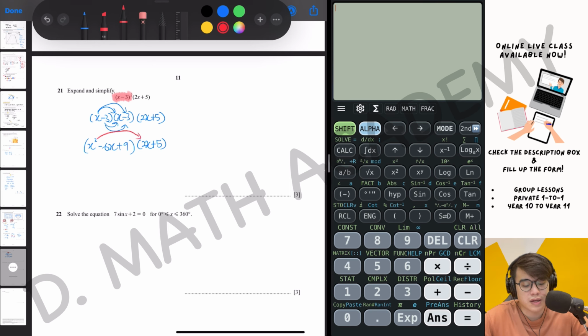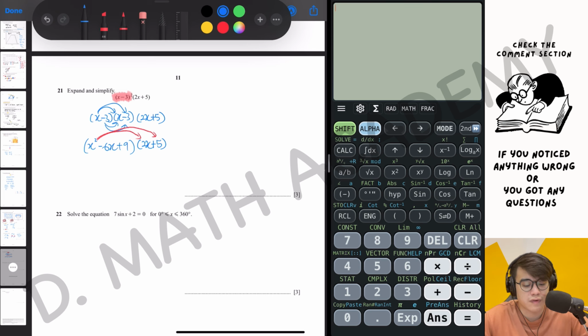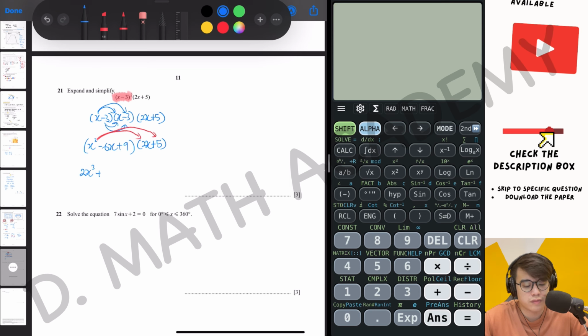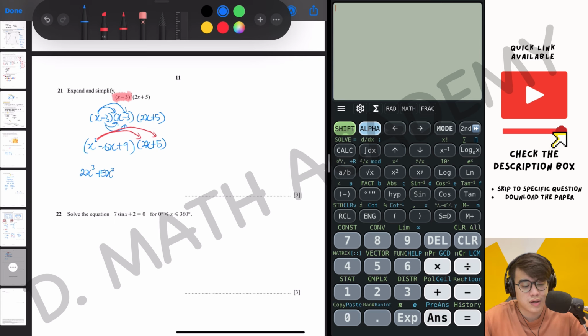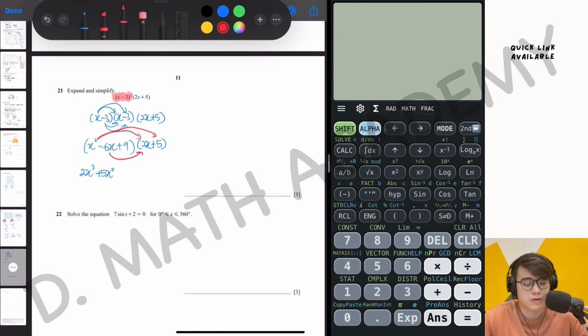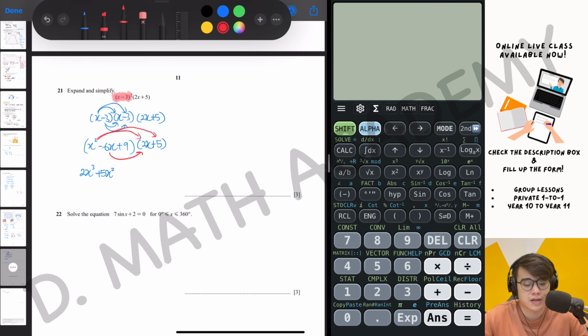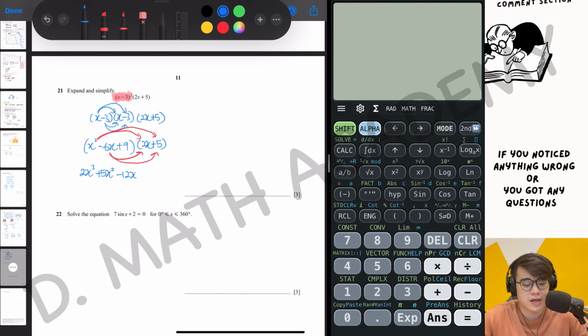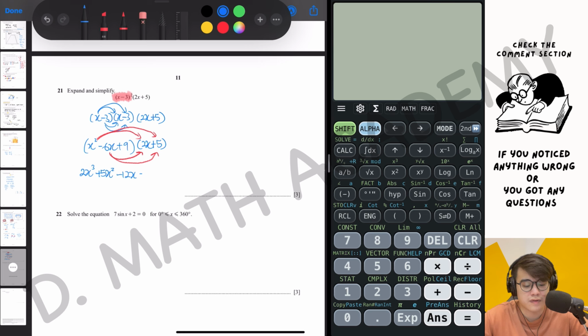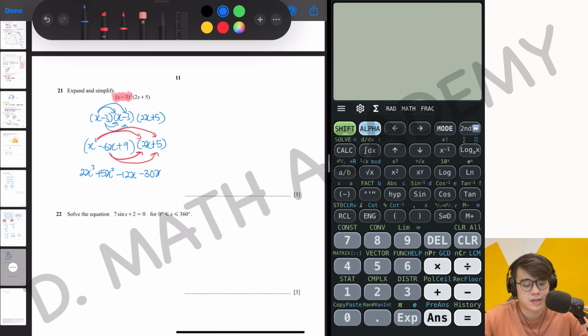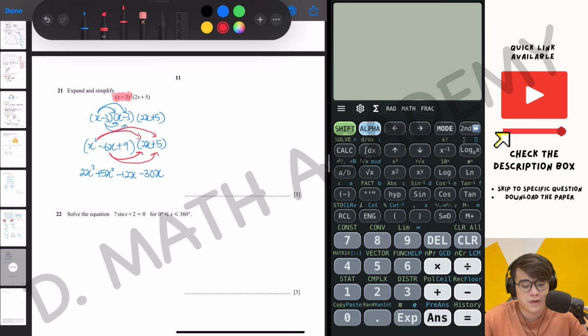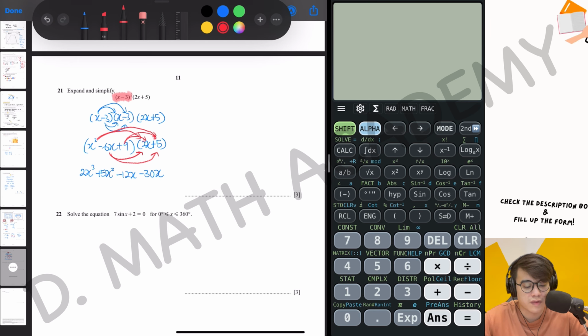This time around, taking x squared multiplied with the respective values, I won't skip it. I will show you the full results here. Then the next thing is to multiply your negative 6x with 2x and then negative 6x with 5. You will get negative 12x squared here, and then you will get negative 30x. Then the last thing we have here will be multiplying our 9 with 2x and 9 with 5.